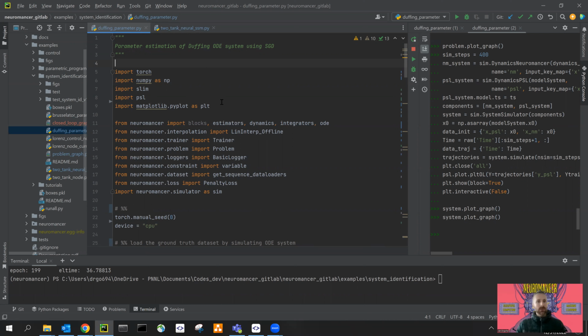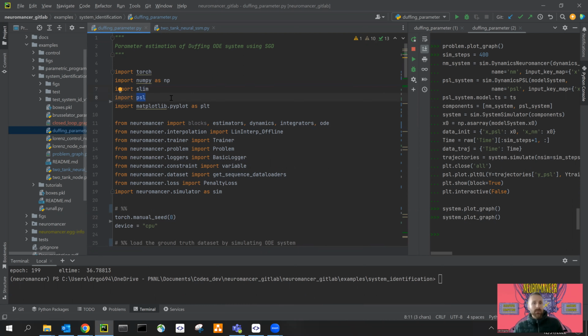So we are starting with the imports. Our core import is PyTorch, and some NumPy for generating data. Slim is our structured linear maps library, which we are not really going to use in this particular example, but you could use it for linear algebra factorizations of your weights in neural network components that can act as inductive biases.